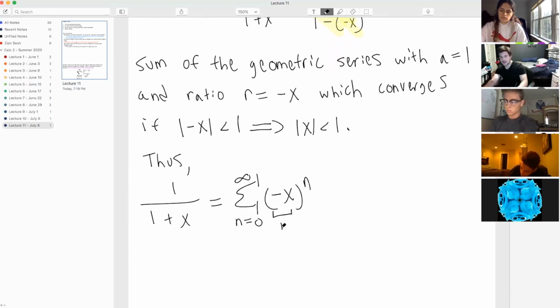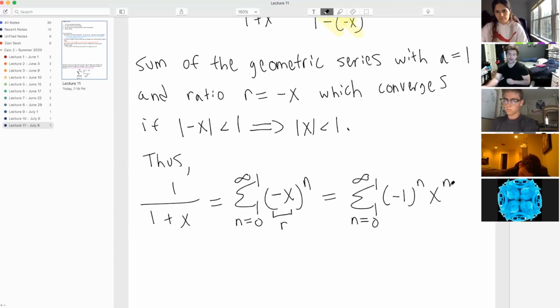Because that's our r value. Good. So this is technically a final answer, but you can clean it up a little bit. Typically we'll see this rewritten by pulling out the negative 1 to the nth power, so this is negative 1 to the nth power multiplied by x to the nth power.